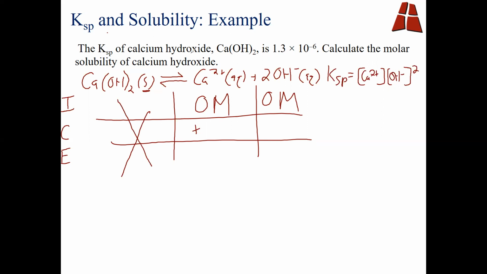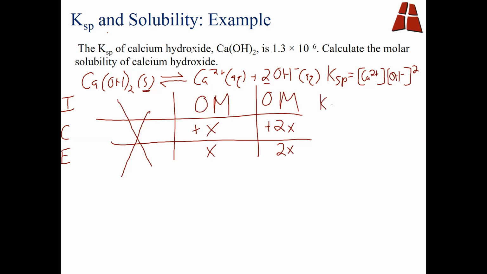We would say plus x for calcium, and then plus 2x for our hydroxide, because we have to factor in our stoichiometric coefficients, of course. So that would end up at equilibrium with x concentration of calcium and 2x concentration of hydroxide.